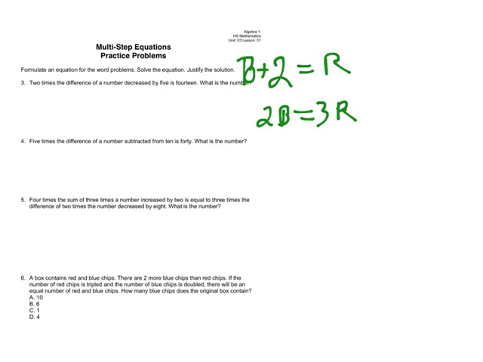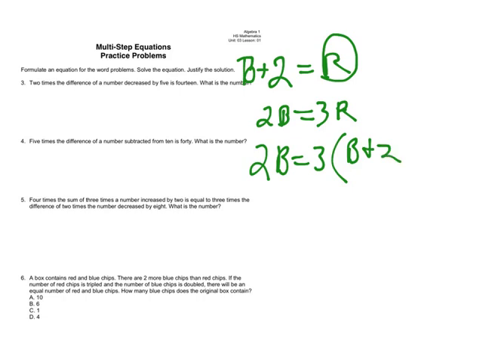I know that we've talked about it slightly. We can do the same thing here and say, I want to get down to one variable. Well, I have an R all by itself, right? So every place I see that, I can replace it down here in the lower one. So I go 2b equals 3 times the quantity b plus 2.